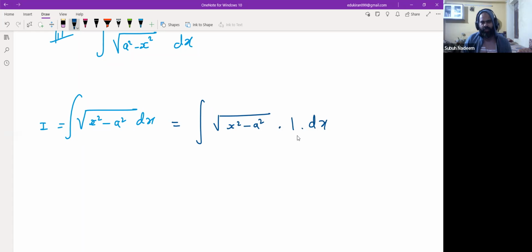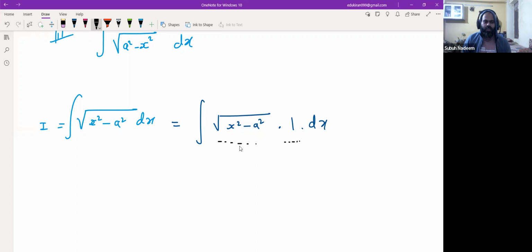Now the important thing here is that both of these are algebraic functions. First one is also algebraic. It is neither trigonometric, nor inverse trigonometric, nor logarithmic, nor exponential. It is algebraic. So which is u, which is v?